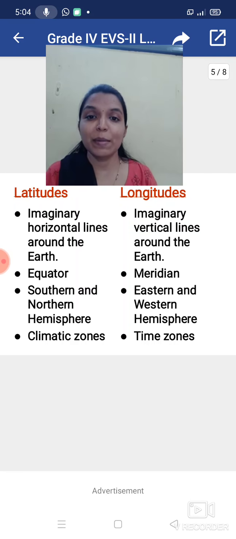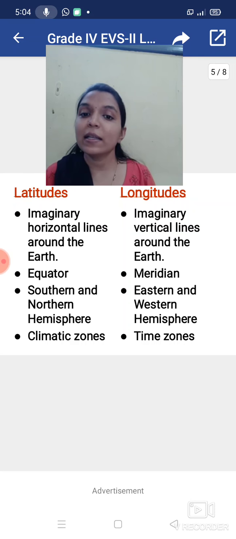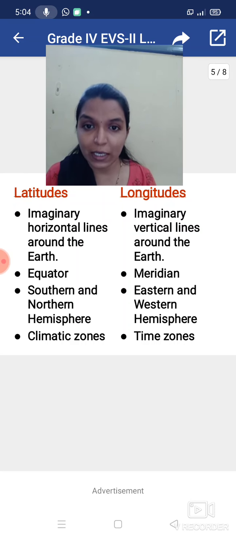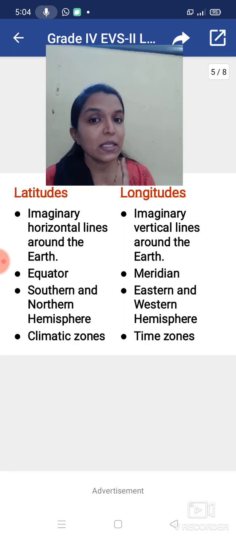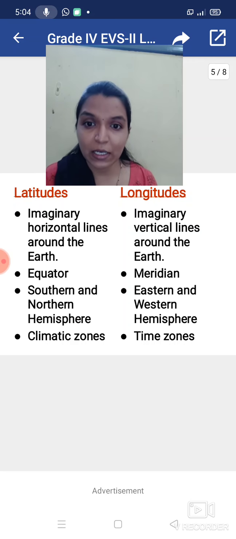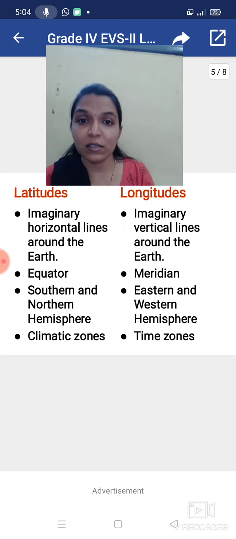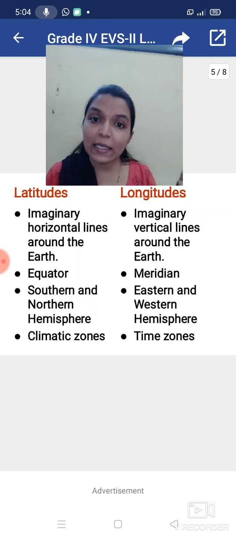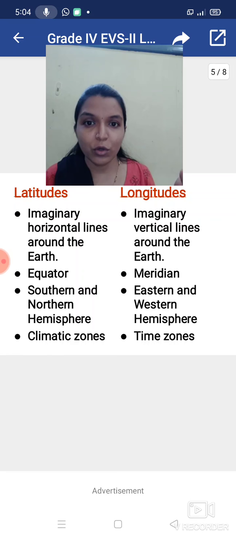The word horizontal is very important when defining latitude. Latitude is the imaginary horizontal lines around the earth running from east to west.